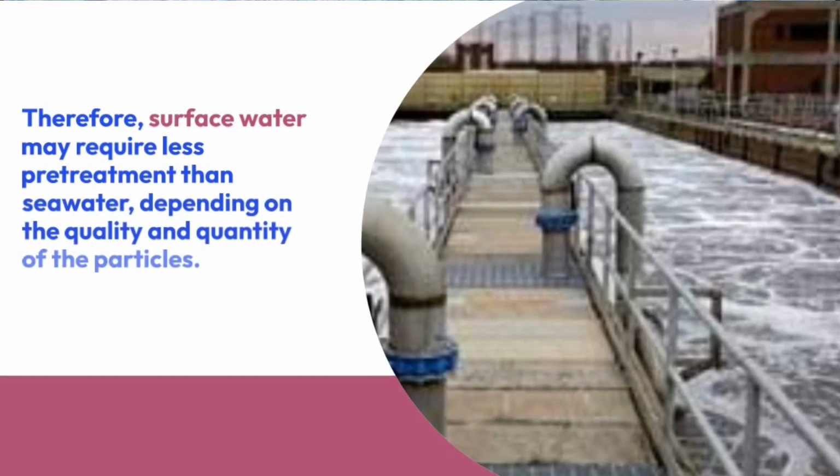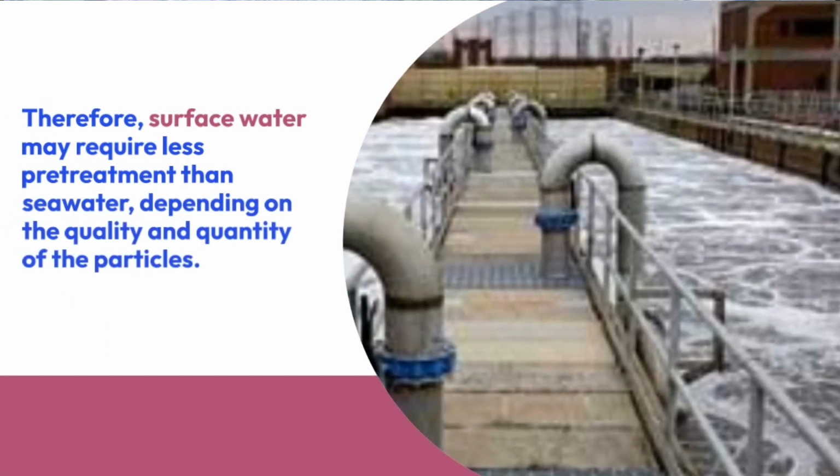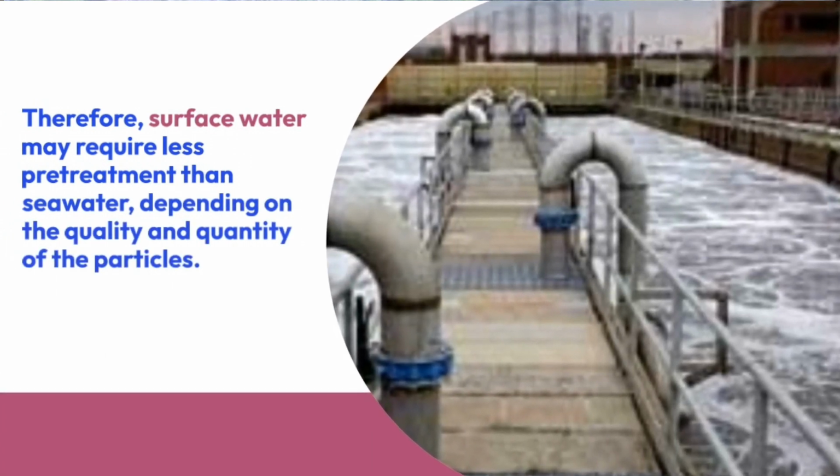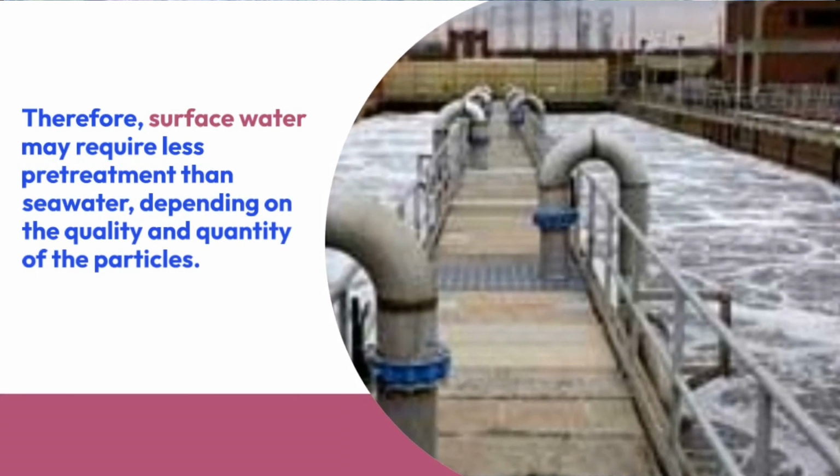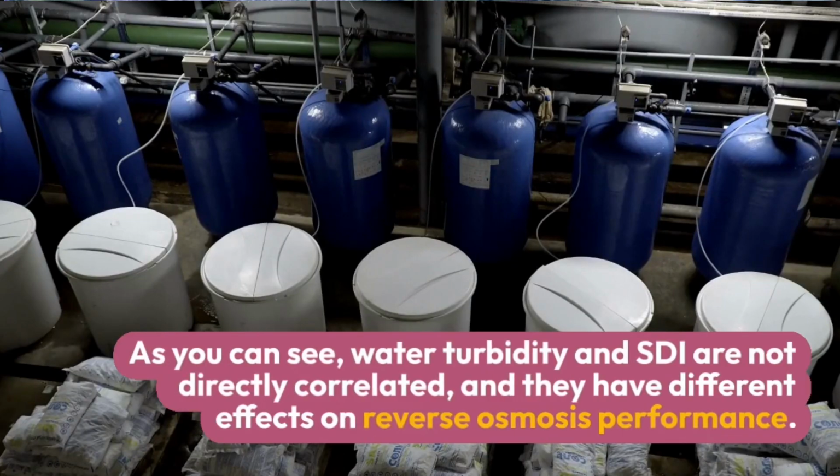Therefore, surface water may require less pretreatment than seawater, depending on the quality and quantity of the particles. As you can see, water turbidity and SDI are not directly correlated, and they have different effects on reverse osmosis performance.